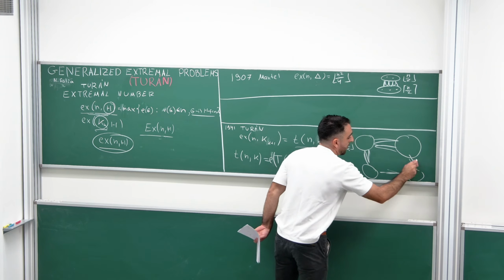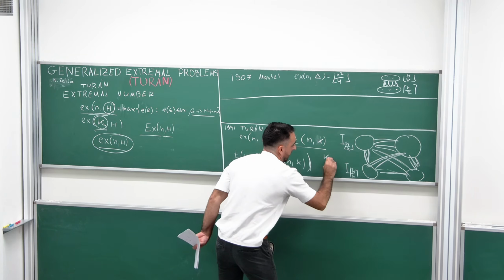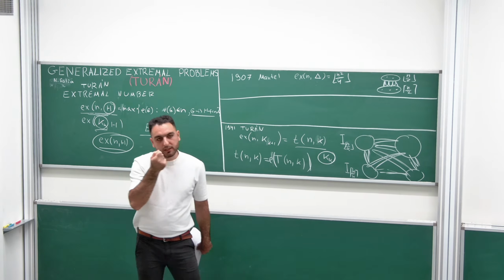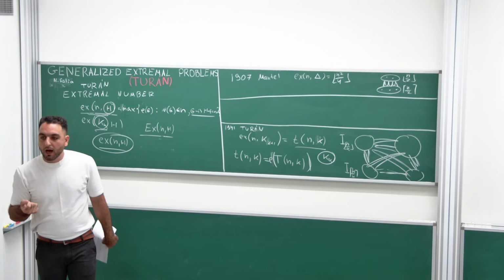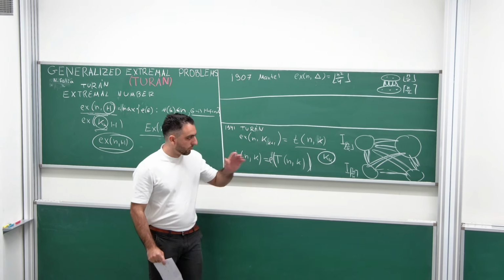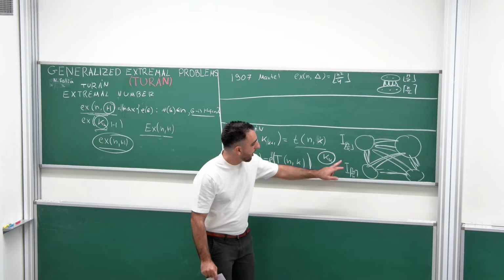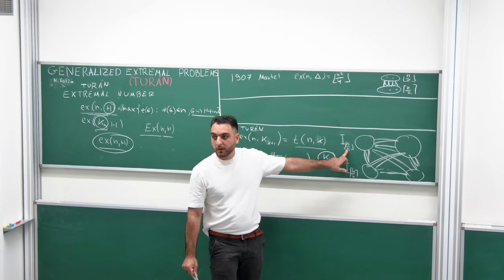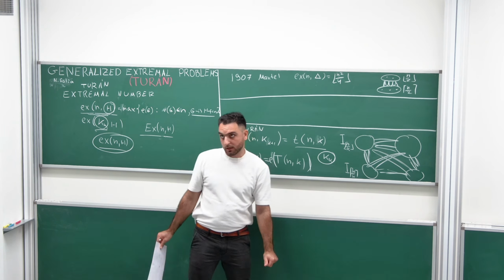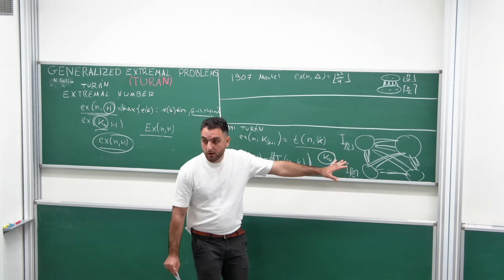So this is a blown up K_k. We just blow up K_k, where for each vertex we take an independent set of size n over k. The only goal is to have n vertices, so there is only one way to do it: we choose how many n over k floors and how many n over k ceilings we have. So this is our Turan graph.